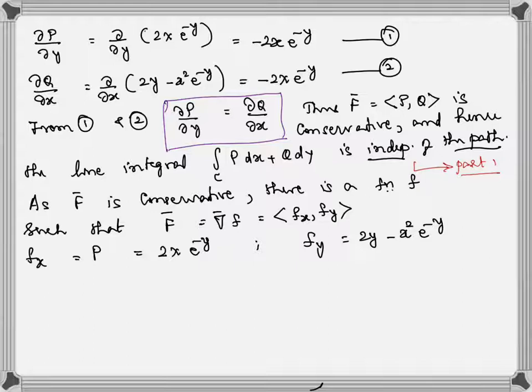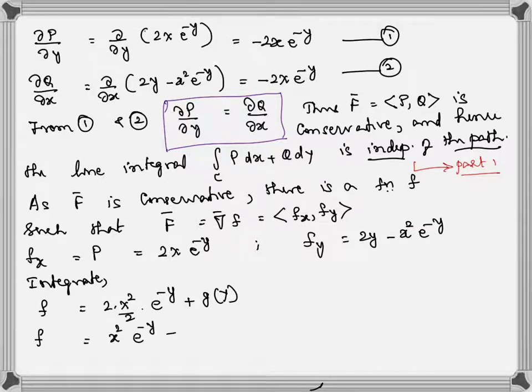Integrate with respect to x, then you get 2x squared over 2 times e to the negative y. This being a function of x and y, the constant should be a function of y. Now we will differentiate this with respect to y and compare the two fy's.